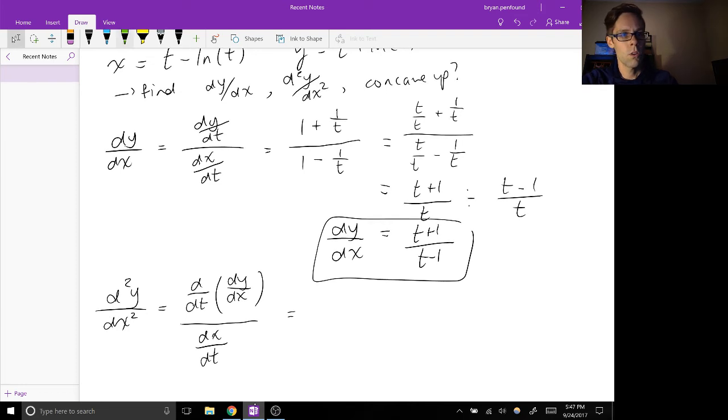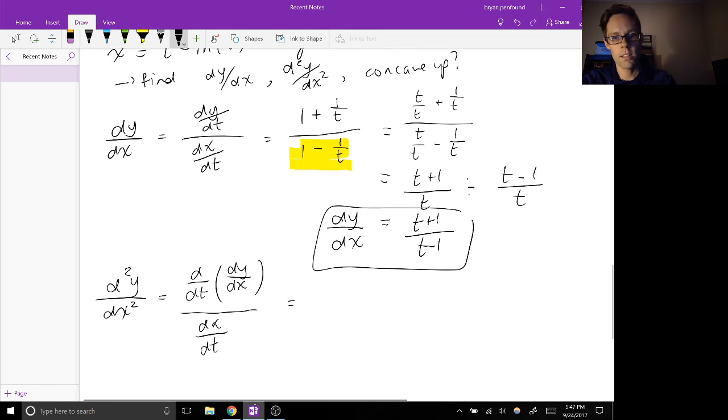Okay, so we already know what the derivative of x with respect to t is, so I'm going to bring that down here in the denominator, 1 minus 1 over t. Now the derivative of y over x, or our first derivative with respect to t, is going to be a little bit more complicated.